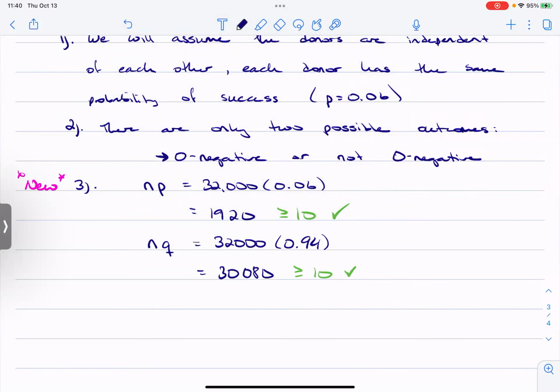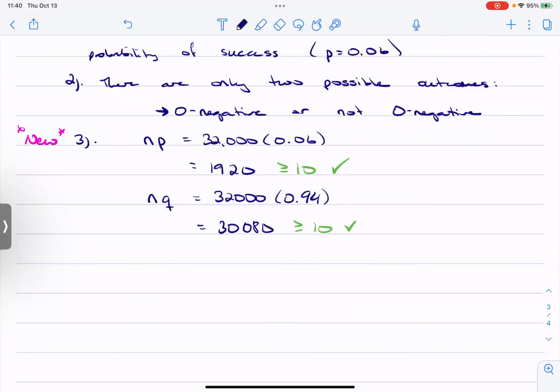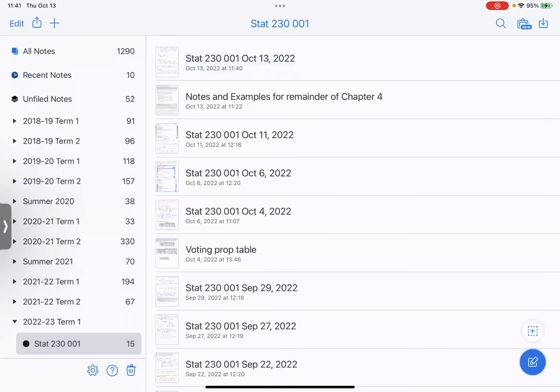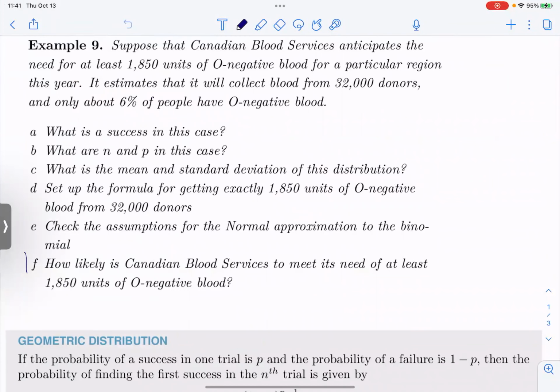So now we've checked the conditions. These all check out. So now we are able to use the normal approximation to the binomial. But how? All right. Let's grab that last part of the question here.